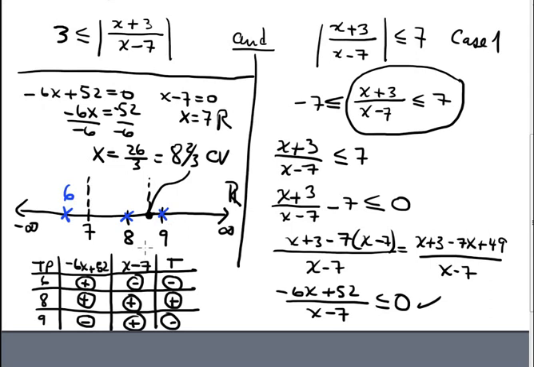The true part then is negative. This is true, and this is true. And the part is this part and this part. Bracket here, and parenthesis here.